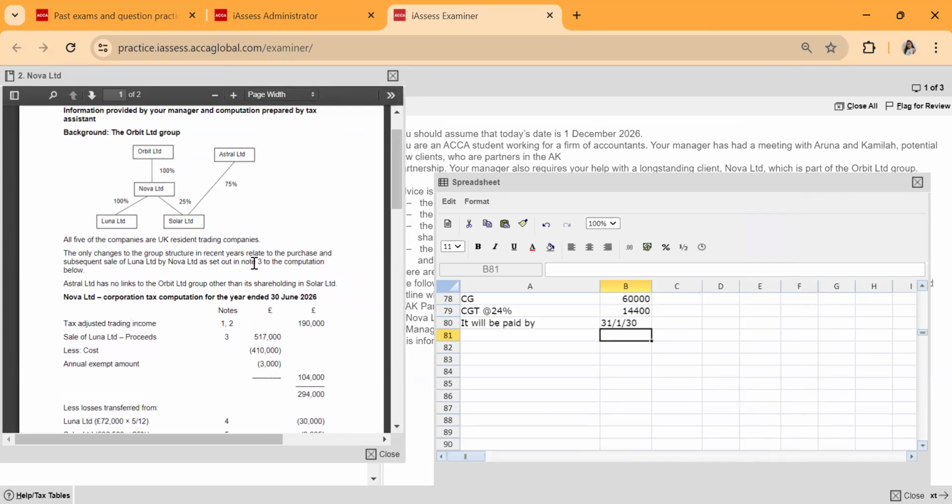Okay, now information provided by a manager and the computation prepared by tax assistant. The background is this is the Orbit Limited group.